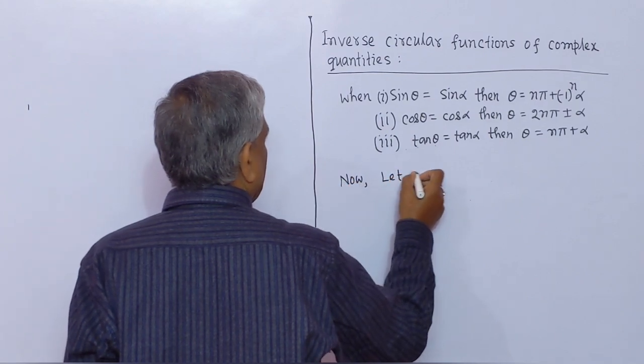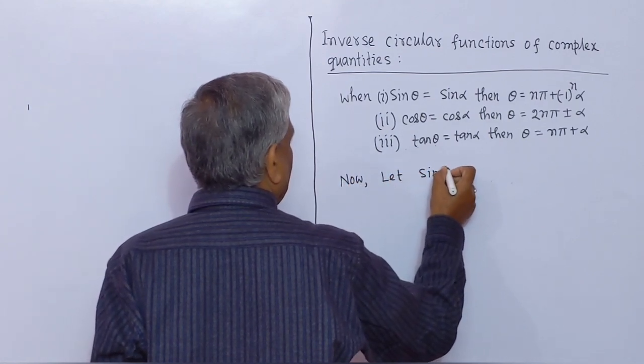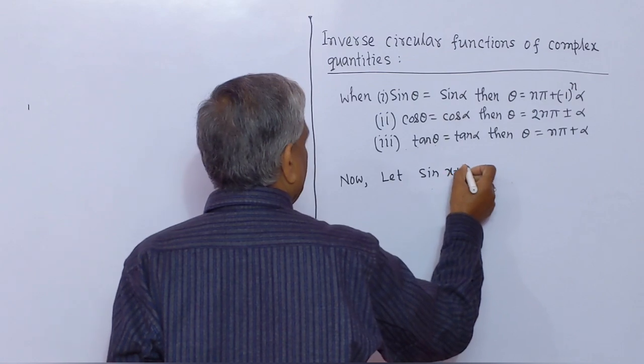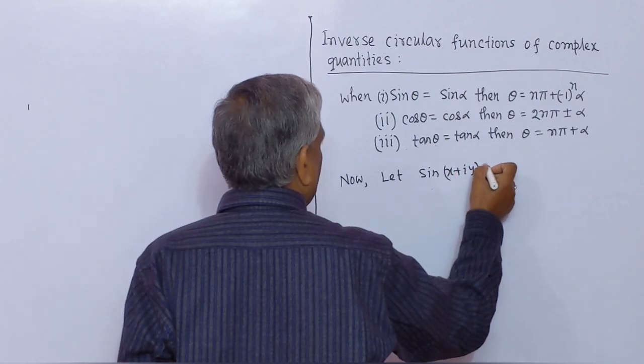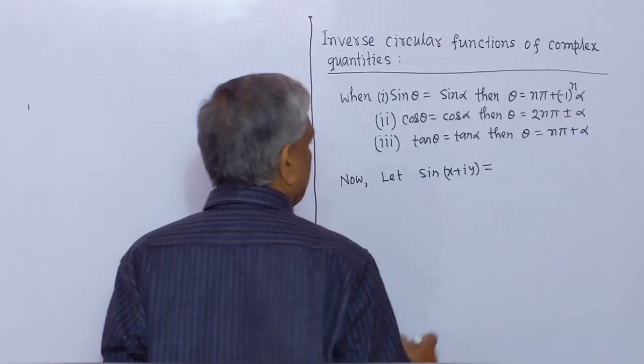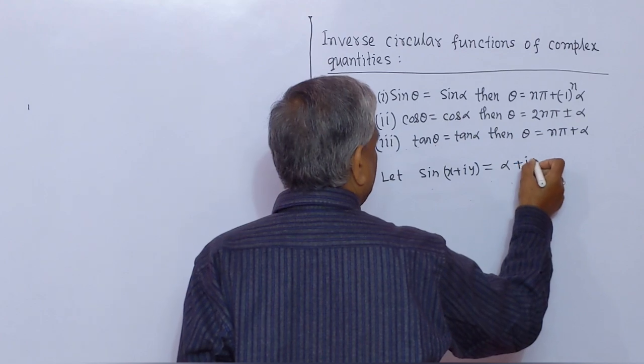Now let sin of x plus iy equal alpha plus i beta.